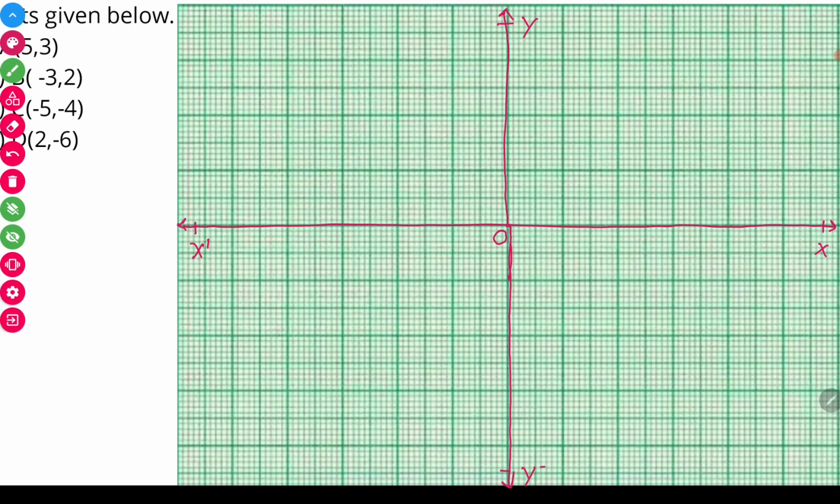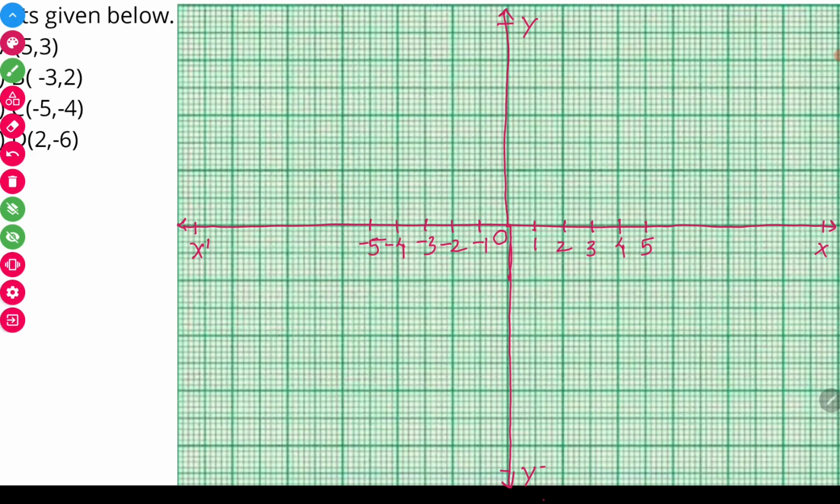Okay. So first, we will start numbering. Suppose this is 1, 2, 3, 4, 5, then -1, -2, -3, -4, -5.